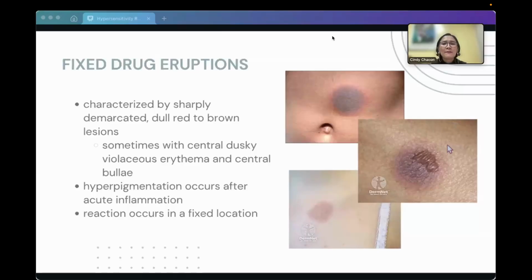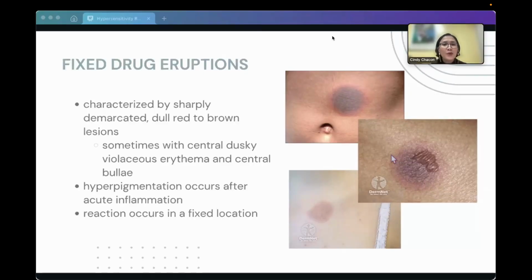After the acute inflammation, hyperpigmentation may occur. And what is interesting in this type of reaction is that with rechallenge, the reaction is noted to occur in the same location, kaya siya tinatawag na fixed drug eruption, but may spread to new areas as well.